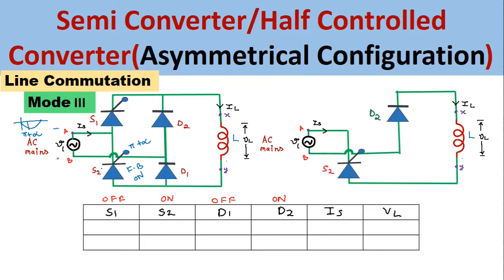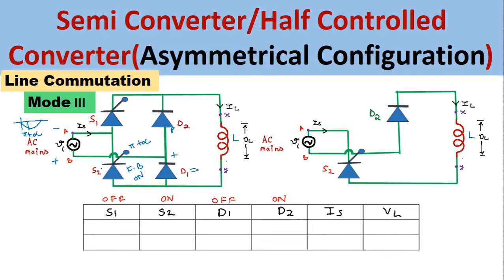Since the negative half cycle is provided to this circuit, this positive will go here, that means the P side of the diode D2 will be positive, and the N side of the diode D1 will be positive. So this diode D1 goes into the off condition because the energy stored in the device already dissipated through D1 and D2 in mode number 2.